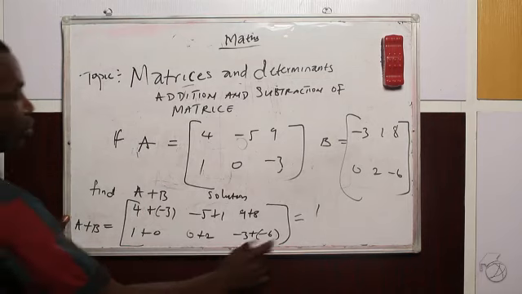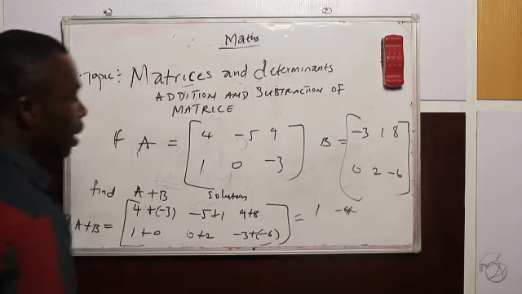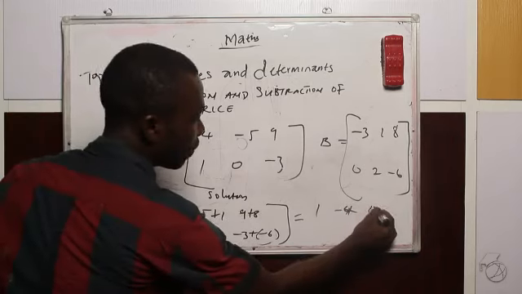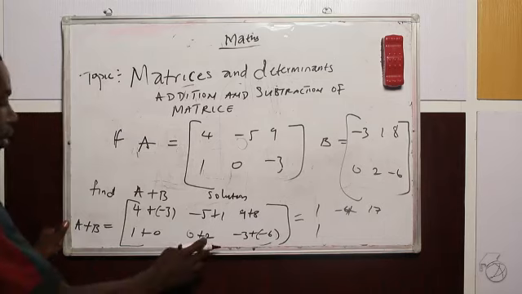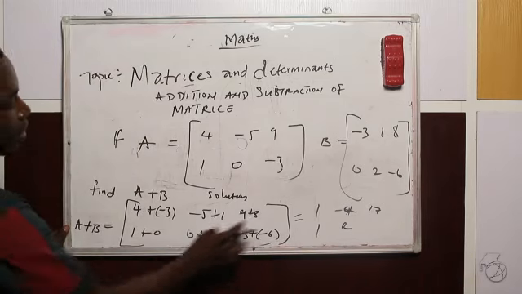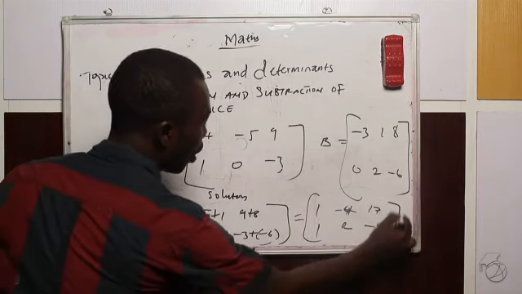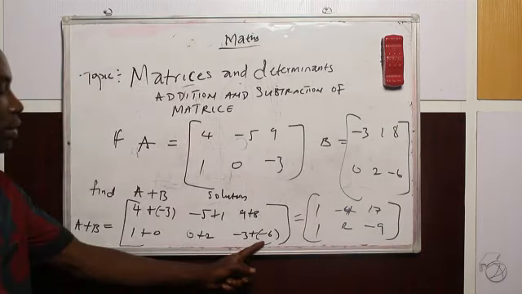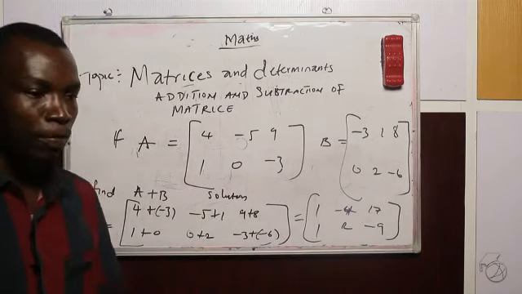Minus 5 plus 1 will give us minus 4. 9 plus 8 will give us 17. 1 plus 0 will give us 1. 0 plus 2 will give us 2. Minus 3 plus minus 6 will give us minus 9. How do we have minus 9? Plus times minus gives minus. So minus 3 minus 6 gives minus 9.